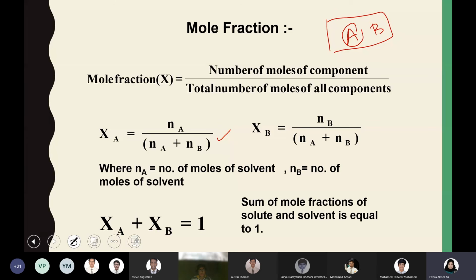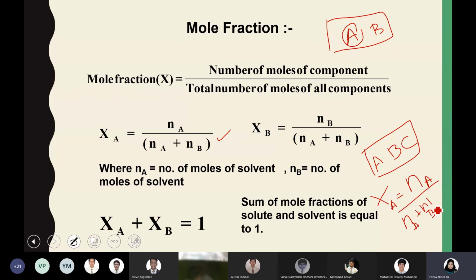If you're treating a trinary solution, A, B and C, 3 components, then the mole fraction of A will be equal to number of moles of A divided by number of moles of A plus number of moles of B plus number of moles of C. That means number of moles of a particular component divided by the total number of moles from all the components.